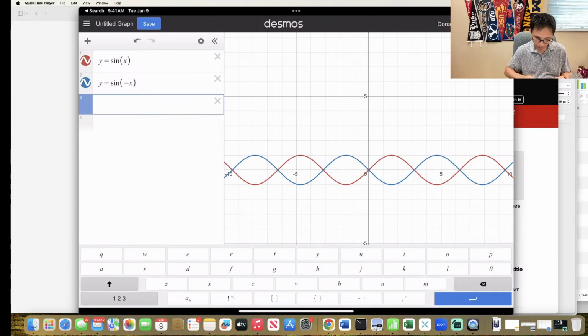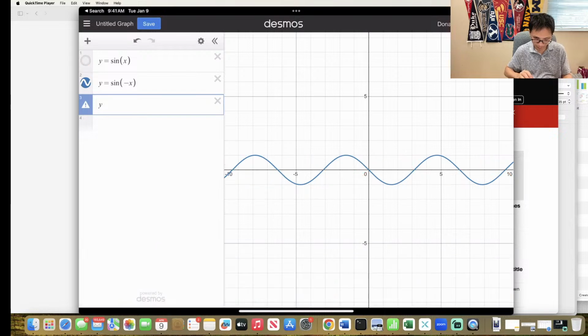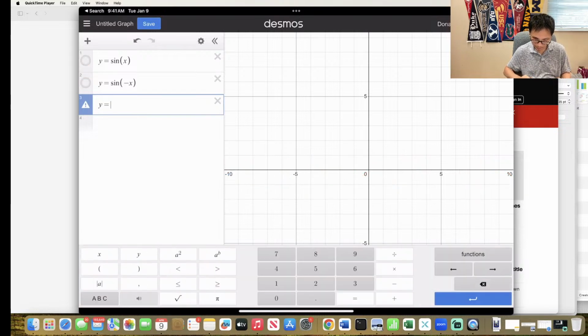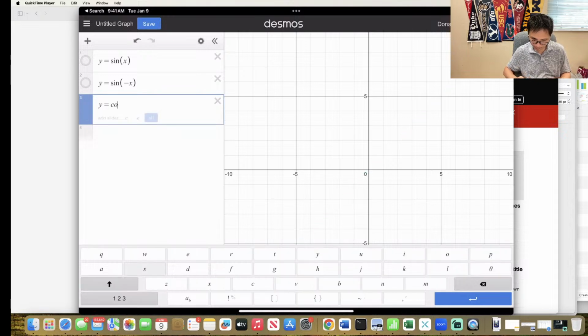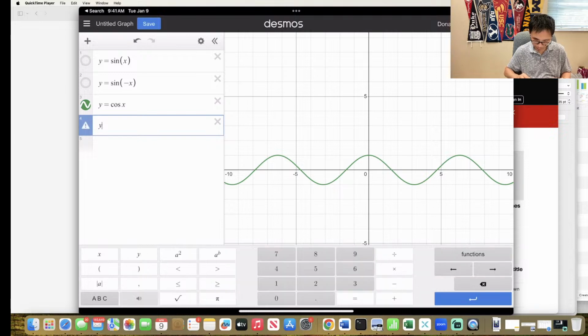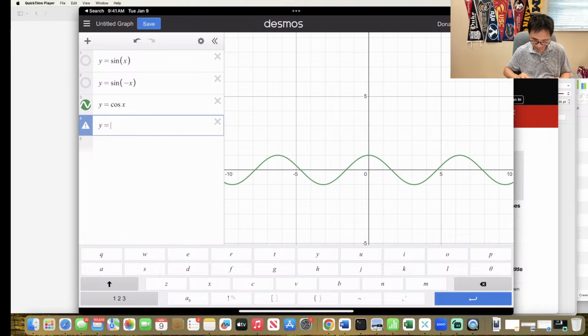But if, so let's just say y equal to cosine of x, right? Versus y equal to cosine of negative x.